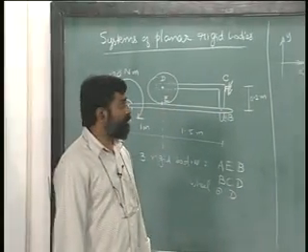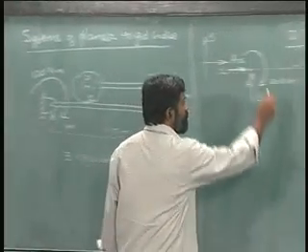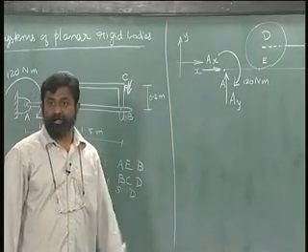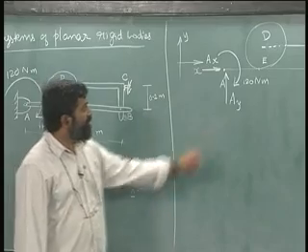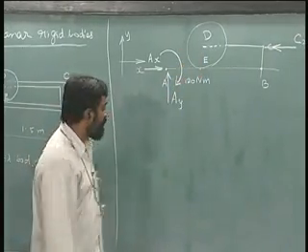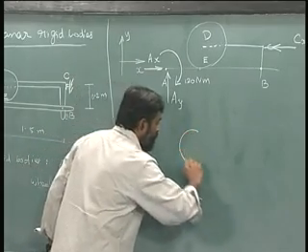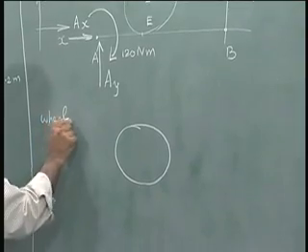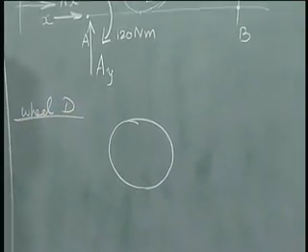Then we seek to draw the free body of each one of them separately. So let us start with the wheel because that seems to be the simplest one. So this is the wheel D that we seek to draw.